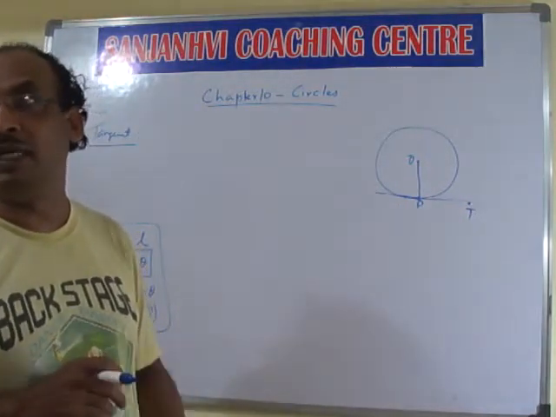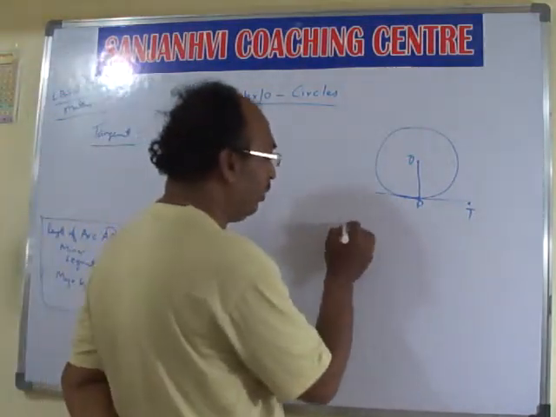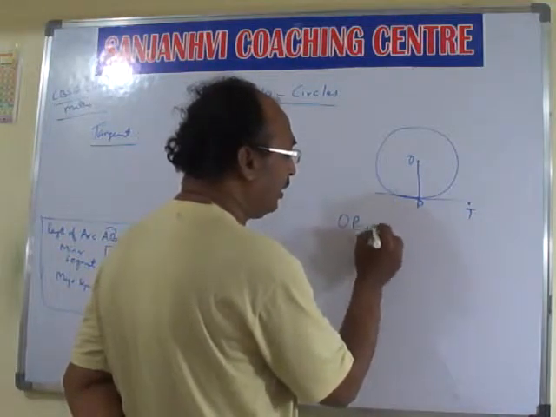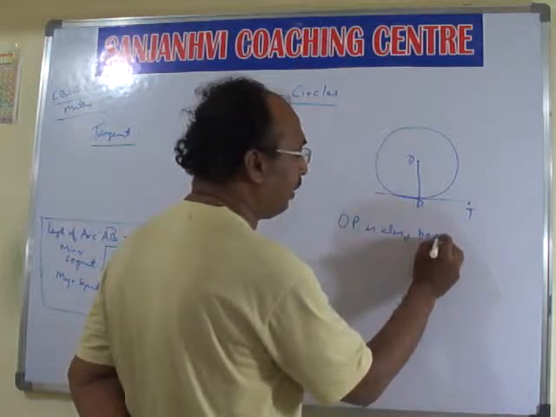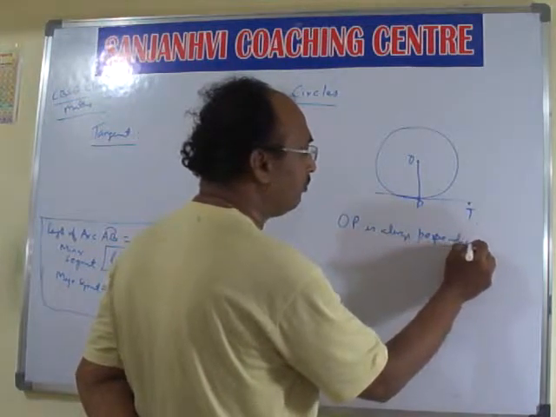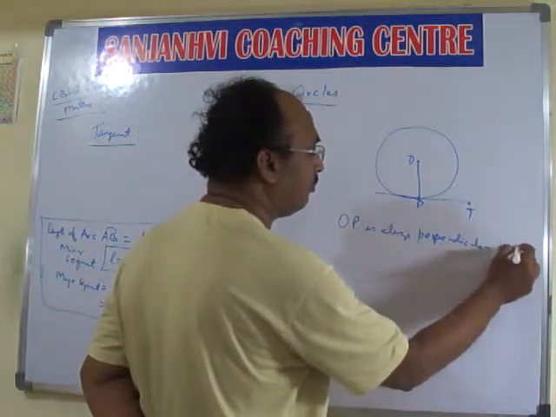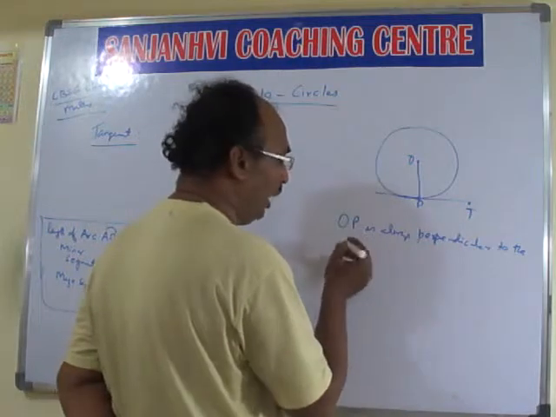OP is always perpendicular to the tangent. Perpendicular means it is making a 90-degree angle, that's all. It does not mean dividing the line segment into two parts.